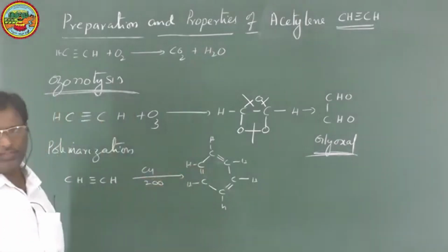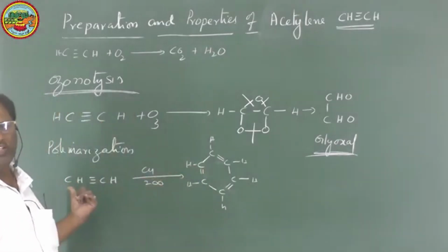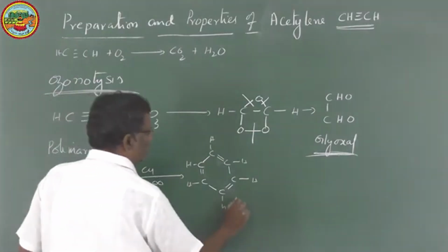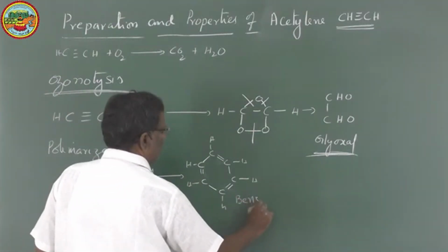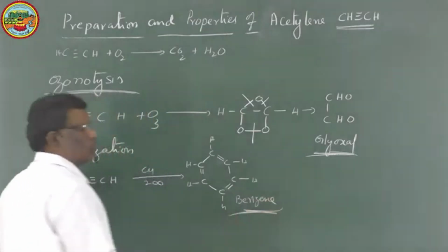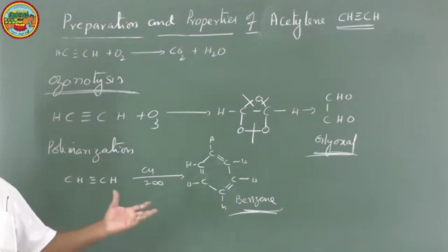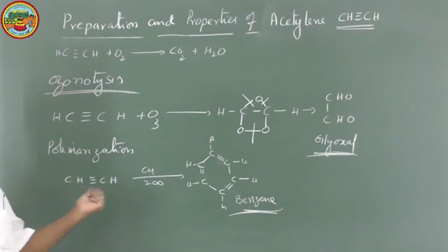This is benzene. So polymerization of acetylene leads to benzene. This is one of the important methods in the preparation of benzene. So 3 molecules of acetylene polymerize to give benzene when passed through copper tubes at 200 degrees centigrade and high pressure.